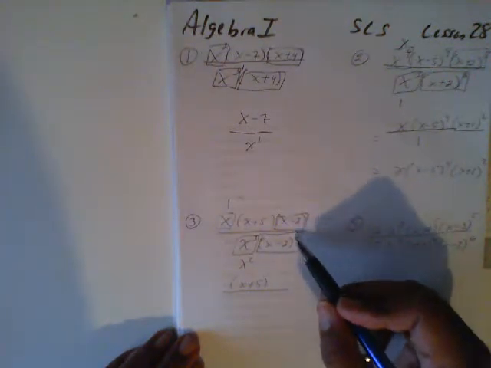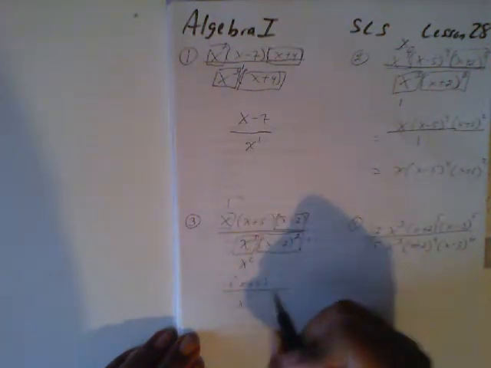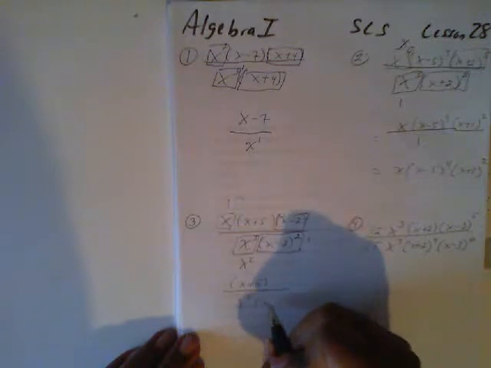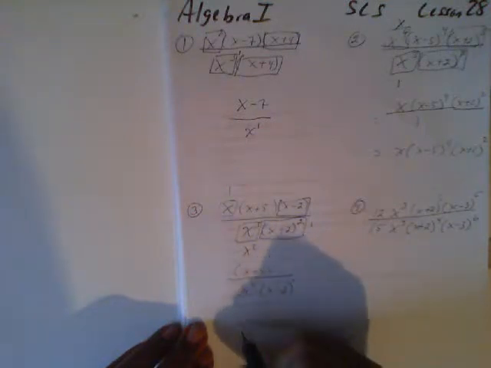The x minus 2's cancel. We're down with x squared here, and this becomes only one single x minus 2 to the first power. Now, this can be written without parentheses. So we have x plus 5, and this can be written without the power of 1. So this will be x squared, x minus 2.